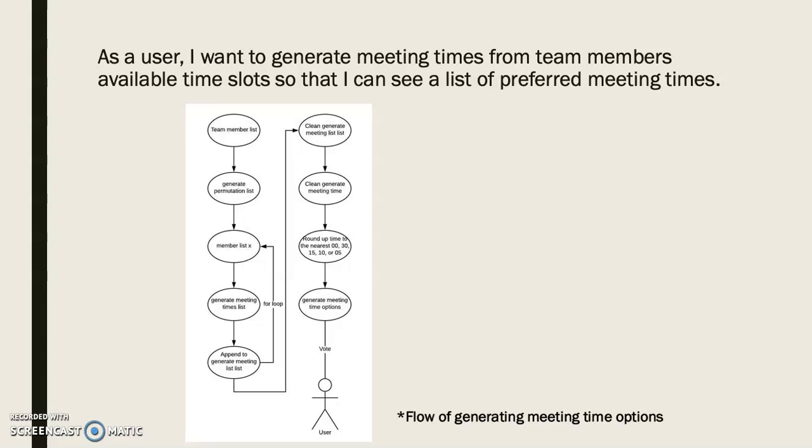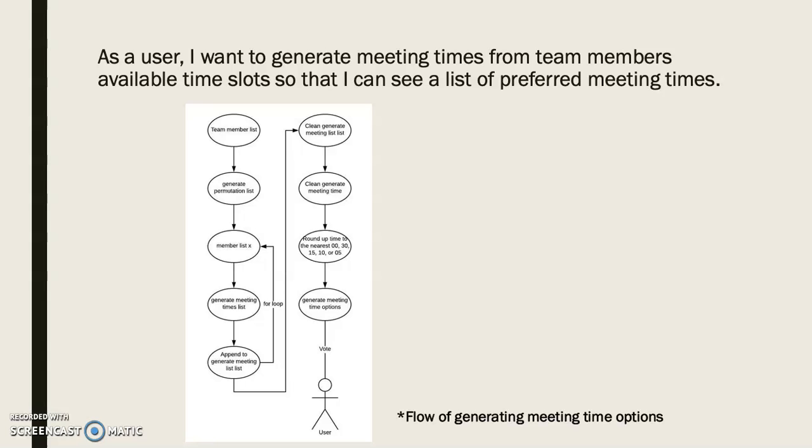And after this, it rounds times to the nearest 00 or 30, or 10 or 5 minutes, depending on how big the slot is. If the slot can shift more than 30 minutes, it's going to round to 00 or 30 minutes.